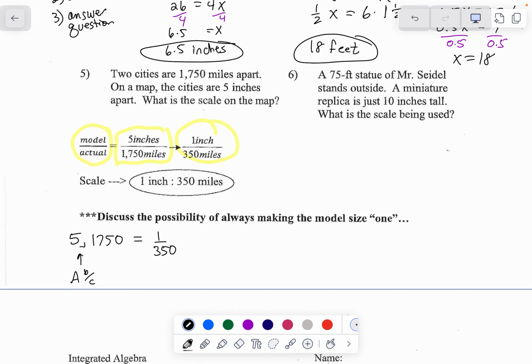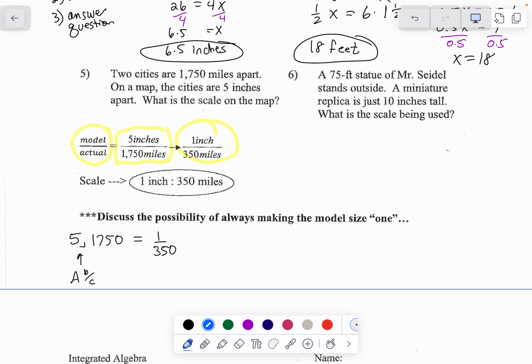Now let's talk about how they actually got that mathematically. What do we have to divide 5 by to turn it into 1? What do you got to divide 5 by to turn it into 1? 5, right? If a number ends in a 5 or a 0, we know it's divisible by 5.